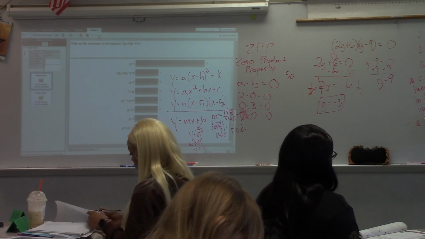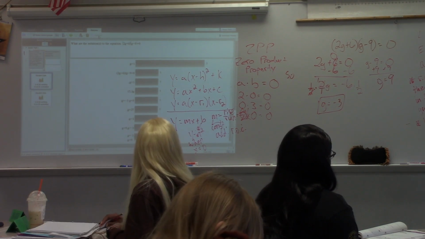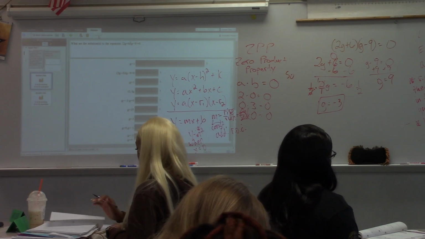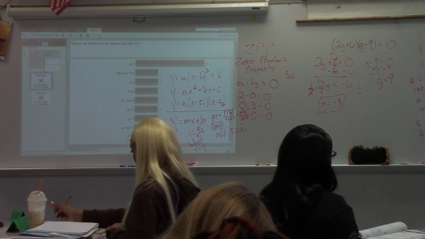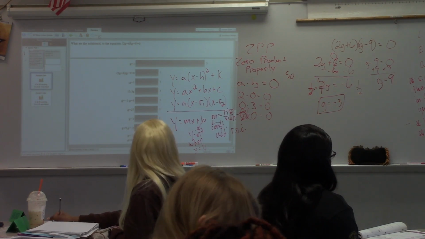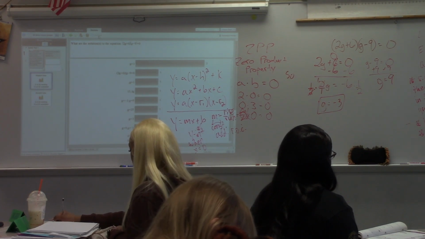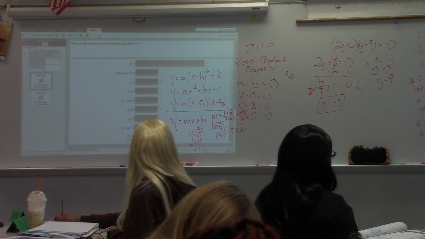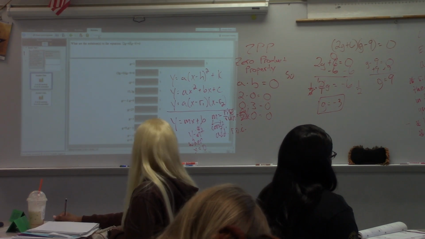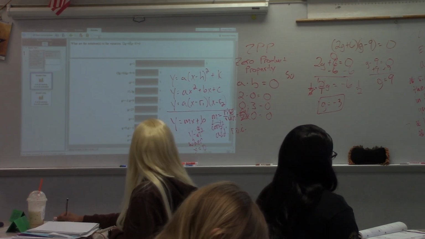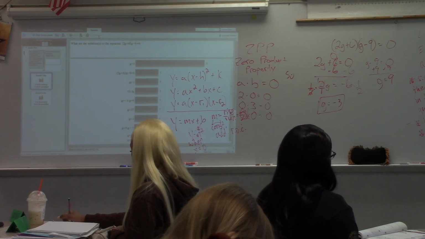You have to know how to write the equations. You gotta know how to solve equations, which would involve your inverses, properties of equality, and what's the other thing? Oh, equivalence.